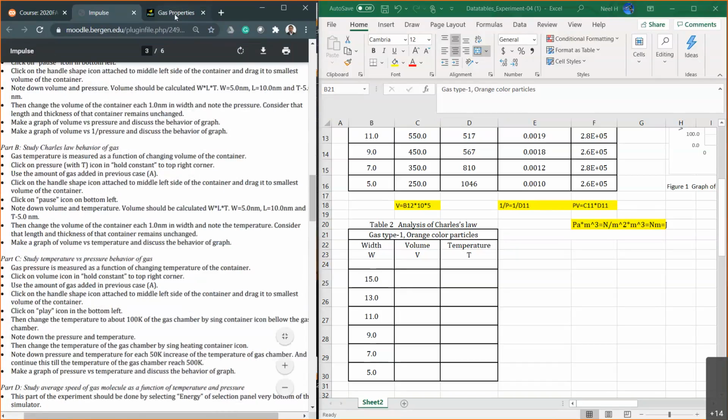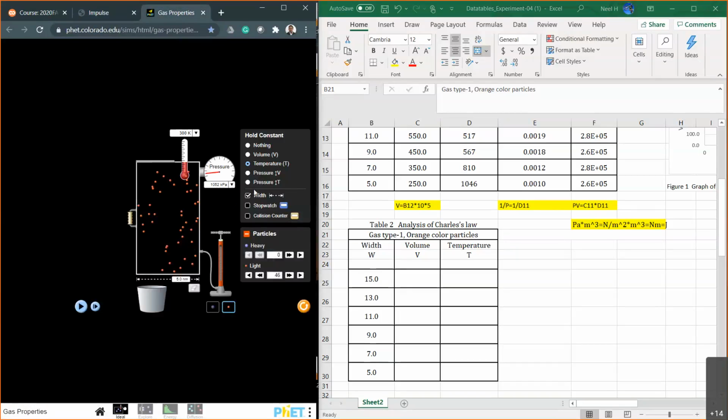Okay, then let's continue. So we have to tell it to keep the pressure constant, and temperature will change. And let's change the volume and then see.